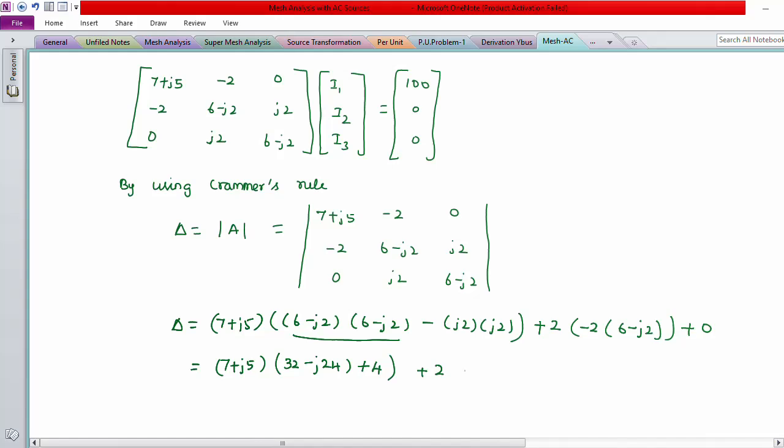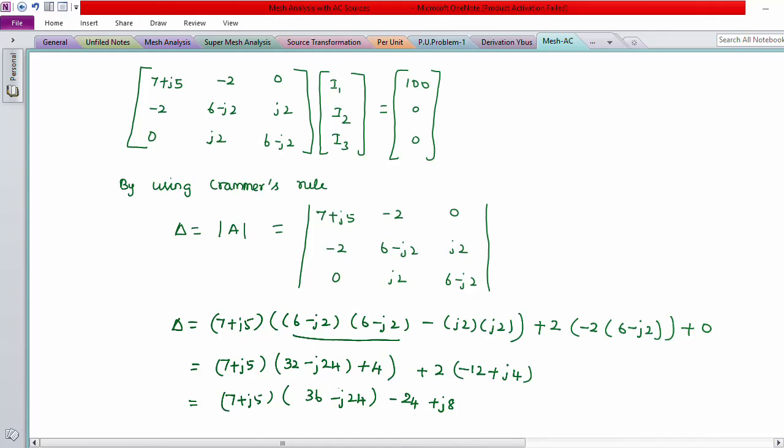Plus 2 into, we multiply minus 2 into 6 minus J2, which gives minus 12 plus J4. Again we can simplify this: 7 plus J5 into 36 minus J24, minus, we multiply 2 into minus 12 plus J4, so it becomes minus 24 plus J8.